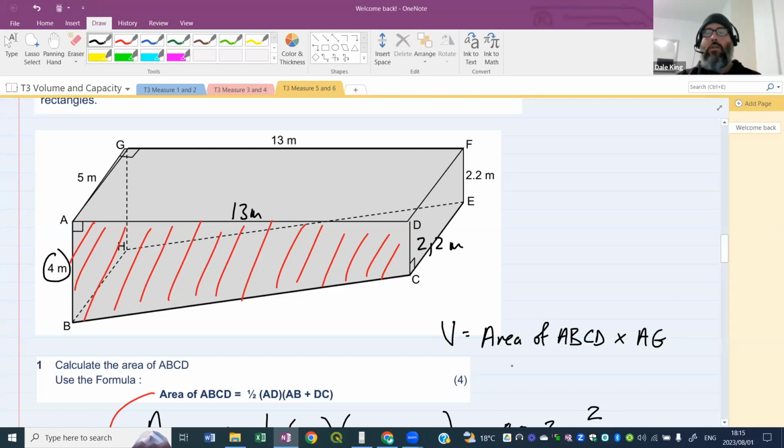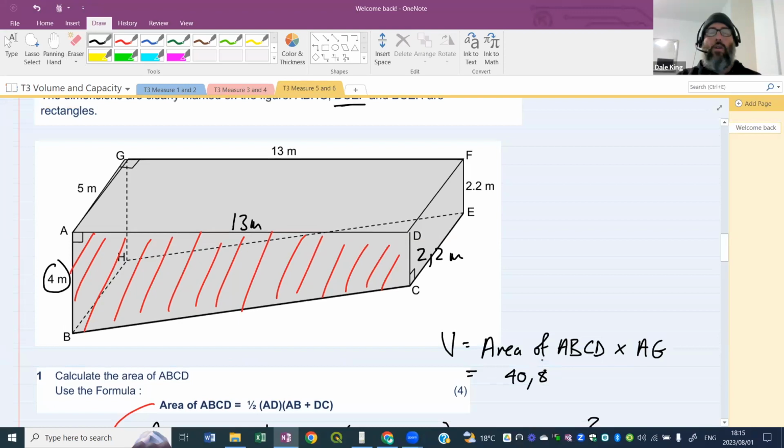Okay, so the area is 40,3 meters squared, sorry, it's right there, times AG. AG's got 2 letters, it's a line length. Here it is there. All right, and we should get an answer from this.